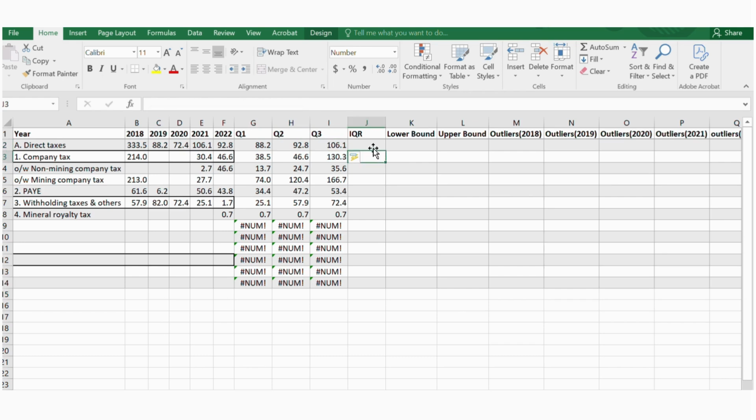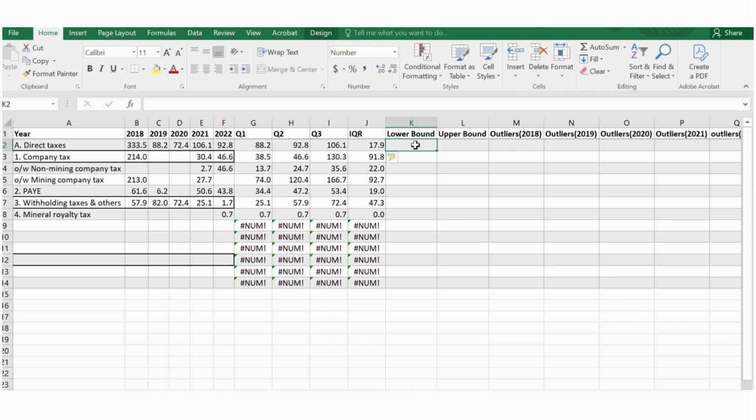So the interquartile range is basically equal to the Q3, in this case for direct taxes, minus the Q1. That becomes our interquartile range. Now we can move on to the lower bound and the upper bound.